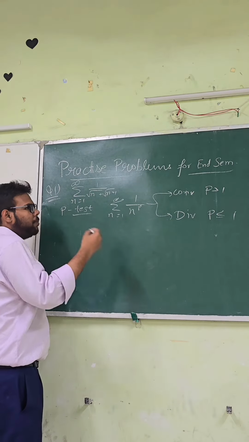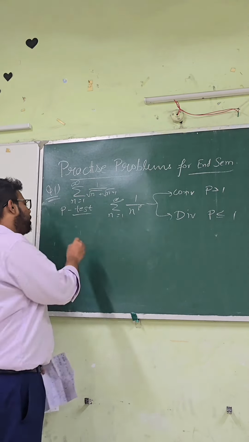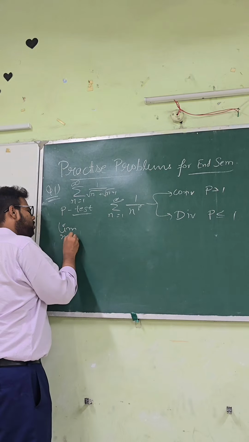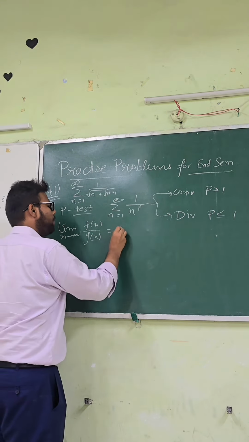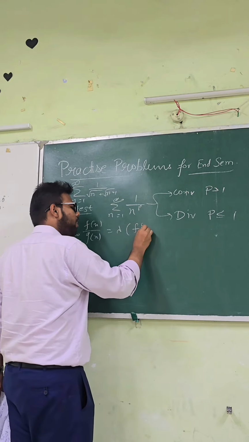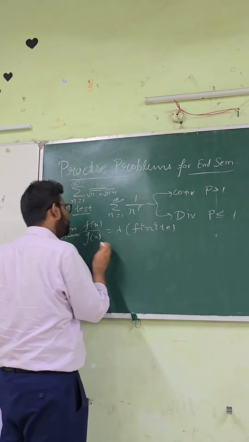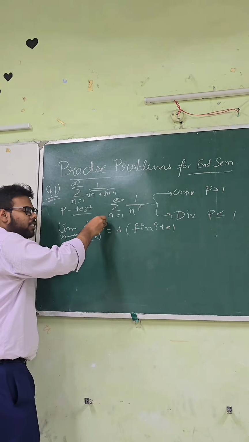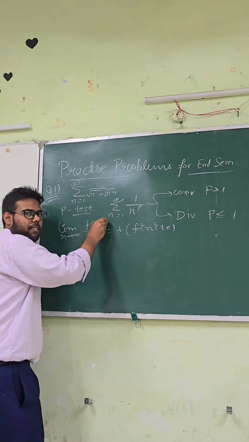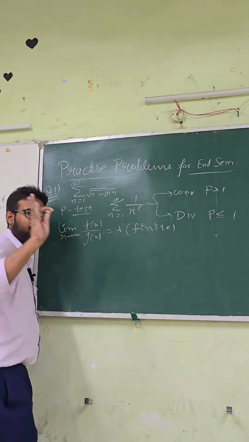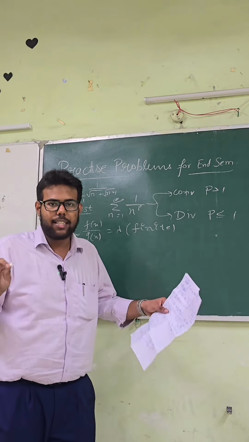We assume such a p so that the limit as n tends towards infinity of f(x) by g(x) is equal to lambda, a finite value. From that we conclude that if g(x) is converging, then f(x) will also converge. If f(x) diverges, then g(x) diverges. You all remember this from my video on sequence series, right?